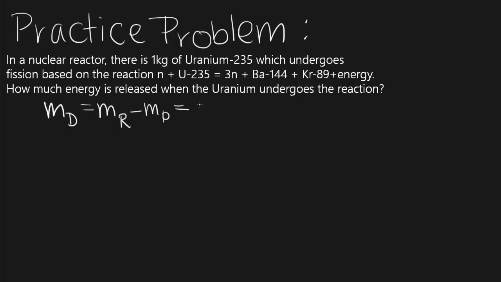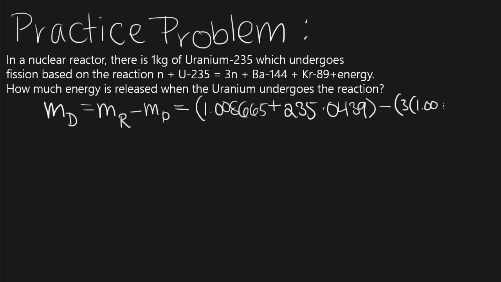In this case, the mass of the reactants would be the mass of the neutron, which is 1.008665, plus uranium-235, which has a mass of 235.0439, minus the mass of the products, which in this case is 3 neutrons, plus barium-144, which has a mass of 143.9229, plus the mass of krypton, which has a mass of 88.9176.